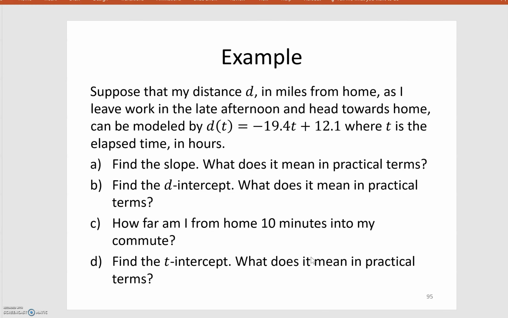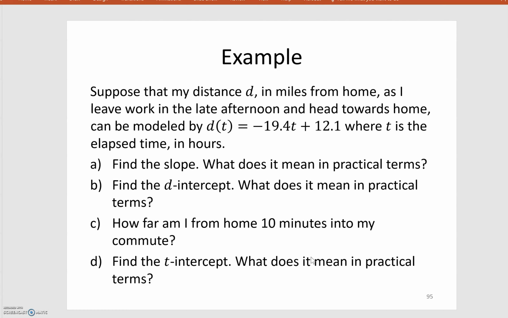All right. Let's check out another example. Suppose that my distance d in miles from home as I leave work late in the afternoon and head towards home can be modeled by the function d of t equals negative 19.4t plus 12.1, where t is elapsed time. So this is very similar to the one that we just did, except instead of population, it's modeling distance as a function of elapsed time.